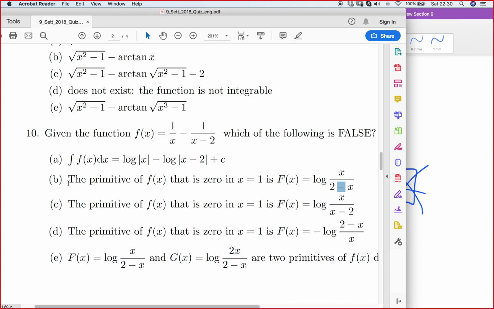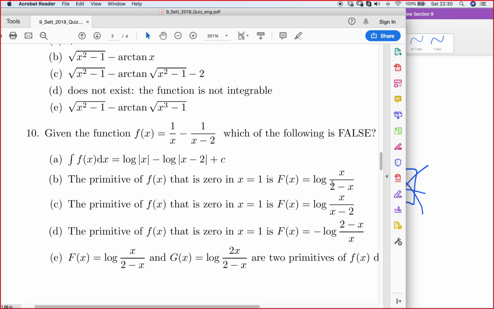We wanted the one which is false. The primitive of f that is 0 at x equal 1 is probably a primitive here, but is it a primitive at all? Is it this function?